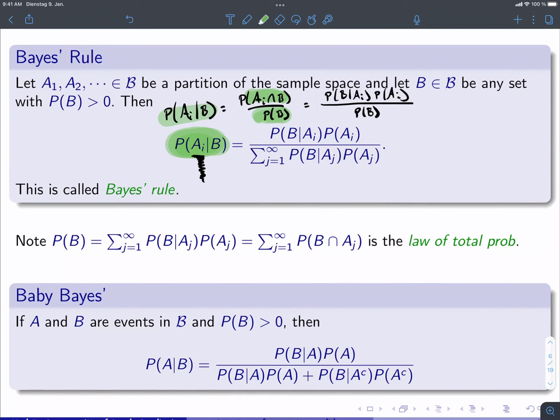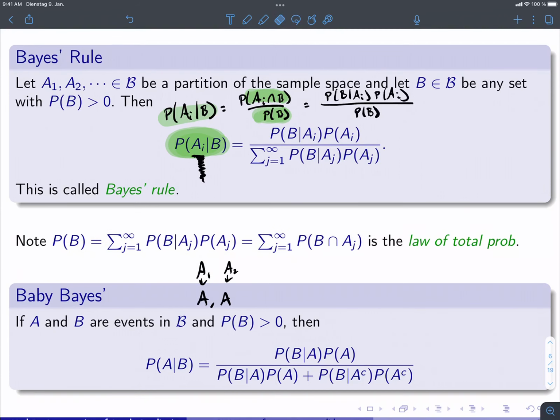A simpler version of Bayes' rule, in the case that I have only two events in my partition, is what maybe we can call baby Bayes' rule, which uses as the partition A and A complement. So this would be like A1 and this would be like A2, and those are the only two events we have, and those form a partition.